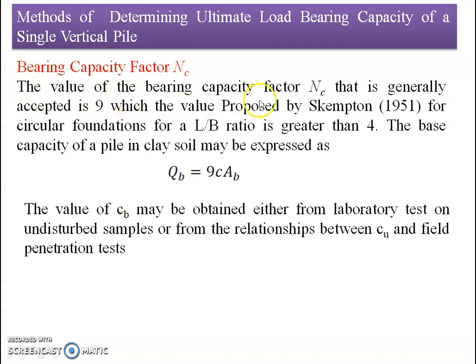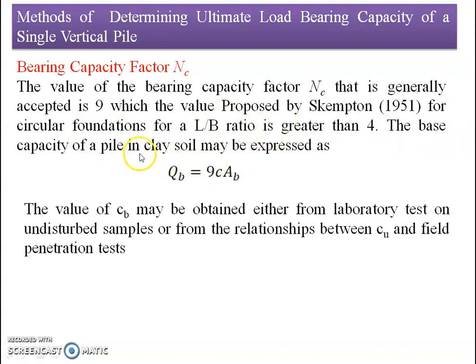The generally accepted value of the bearing capacity factor Nc is 9, the value proposed by Skempton in 1951 for a circular foundation, meaning a circular pile with an L by B ratio greater than 4.